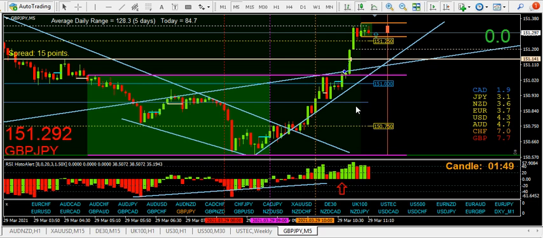Sellers are thinking, oh, there was selling going on here, let's get in and sell. But it doesn't always work that way. That's why I hate picking tops and bottoms without at least a trend in place.